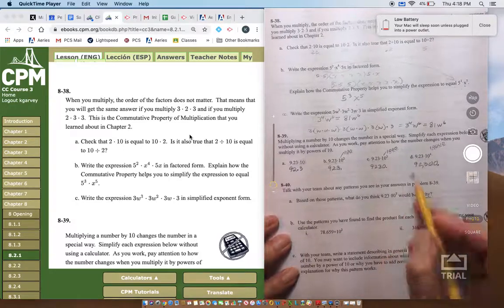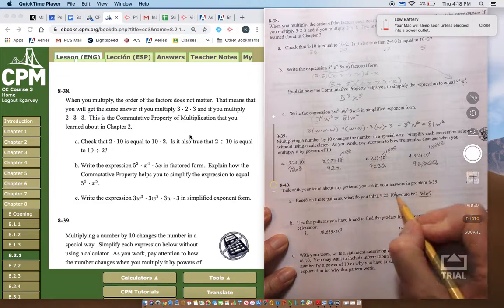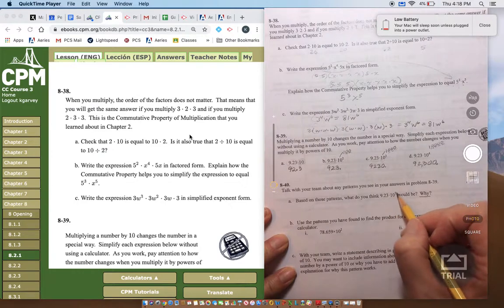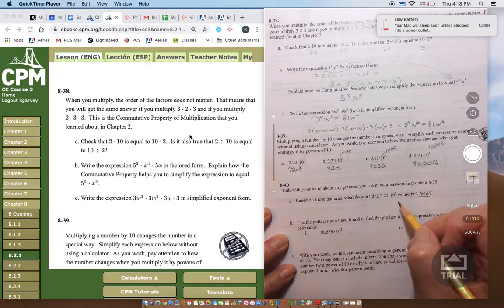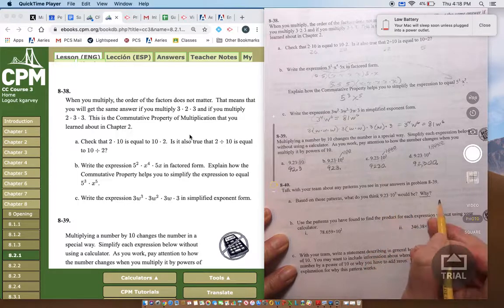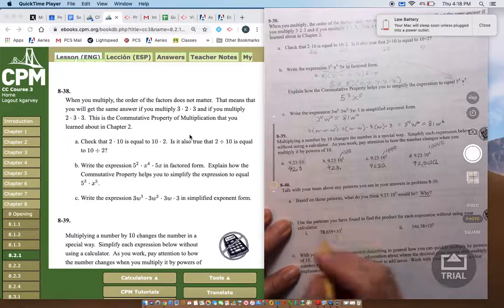If we follow the same pattern that we noticed here, we know that this is going to increase 9.23 by 7 place values. So we're going to have to move that decimal point back so that this number gets bigger and bigger and bigger.